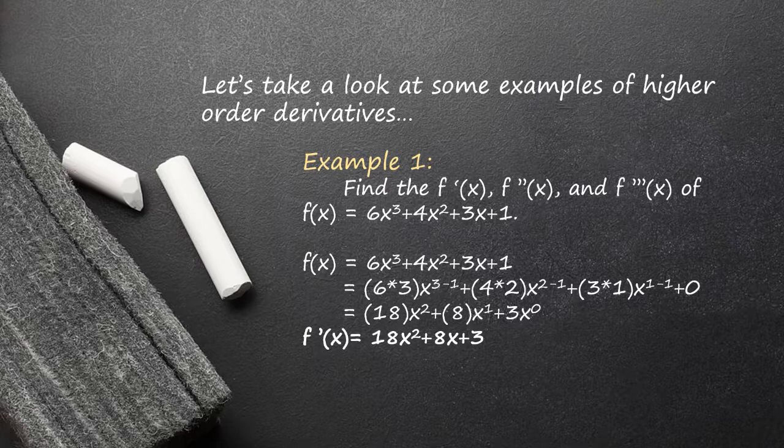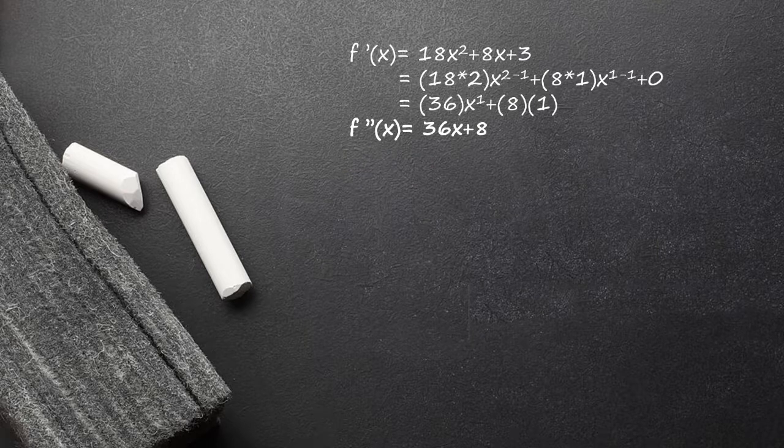We will get the first derivative, which is 18x squared plus 8x plus 3. Continuing, 18x squared plus 8x plus 3. 18 times 2, x raised to 2 minus 1, plus 8 times 1, x raised to 1 minus 1, plus 0. So 36x raised to 1 plus 8. So we can get the second derivative, which is 36x plus 8.